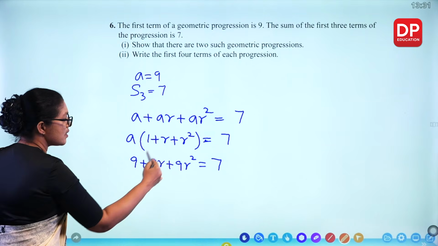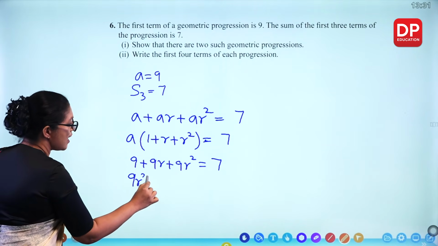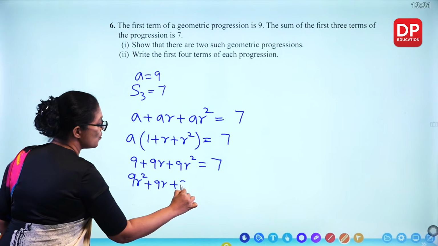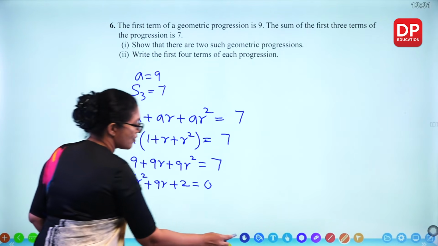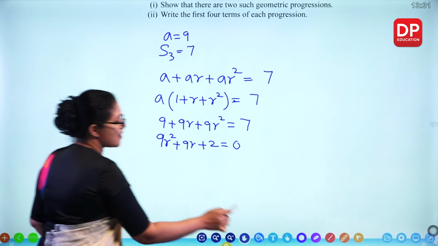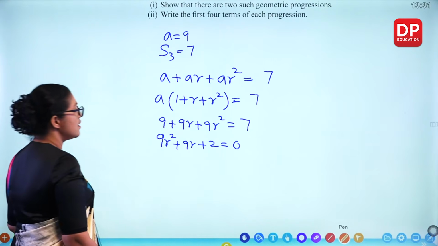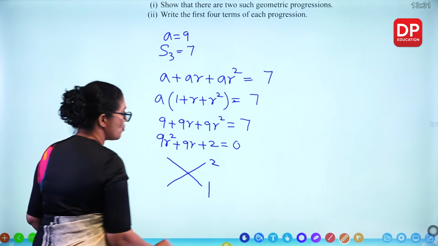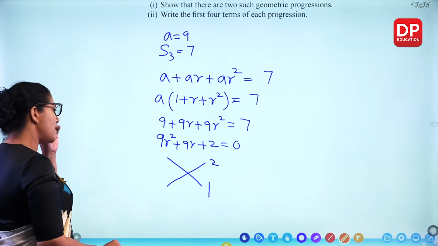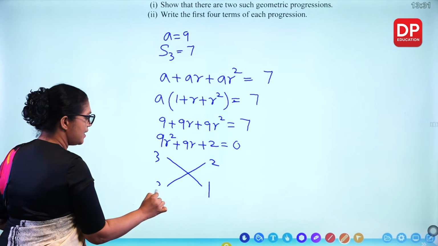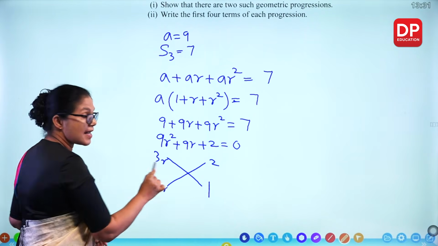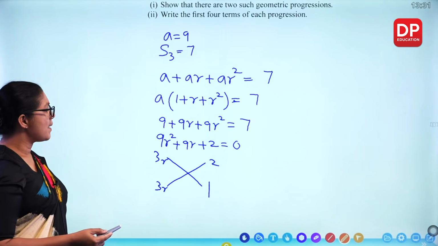Now take all terms to one side. 9R squared plus 9R plus 2 is equal to 0. Now we need to factorize. Use the cross method. Factors of 2, 2 and 1. Factors of 9, 3 and 3. 3 times 2, 6. 6 and 3R, you are getting plus 9R.